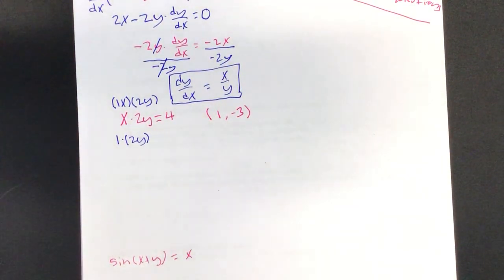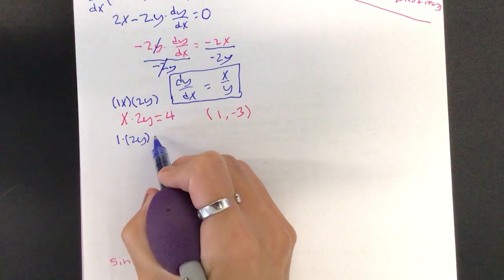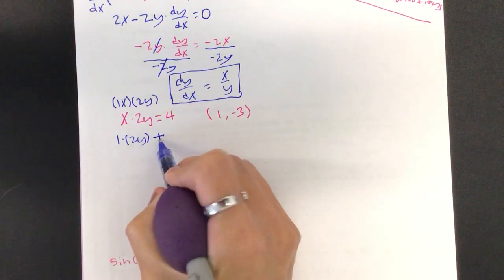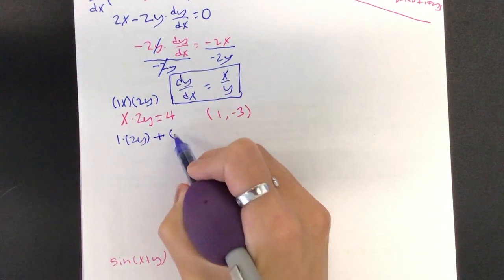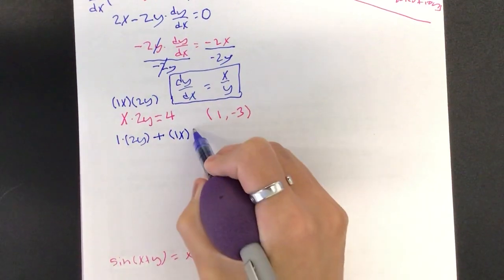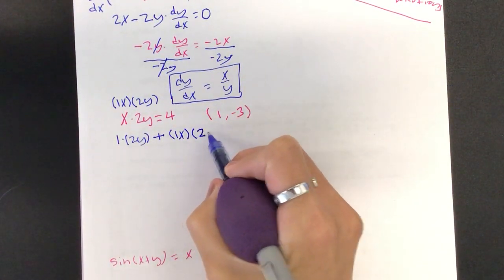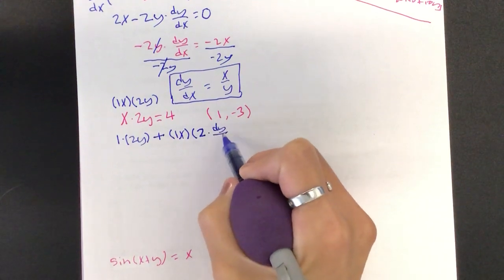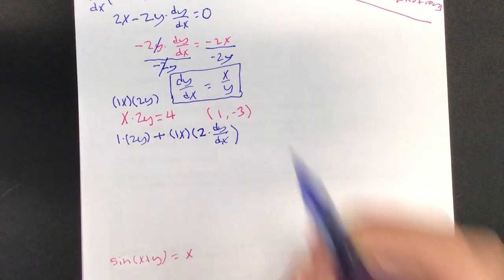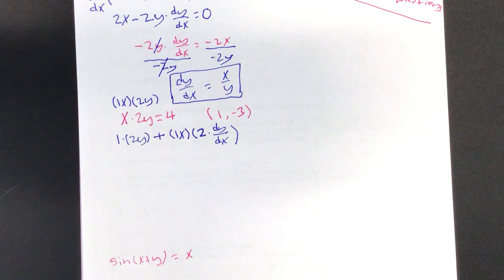Now, because I only derive the x, do I need dy over dx? No, only when you mess with the y. What operation, if y'all remember? Plus. And then I keep the first one, which is 1x. Now when I derive the 2y, what do I get? 2 and dy over dx. Are we all good with that?